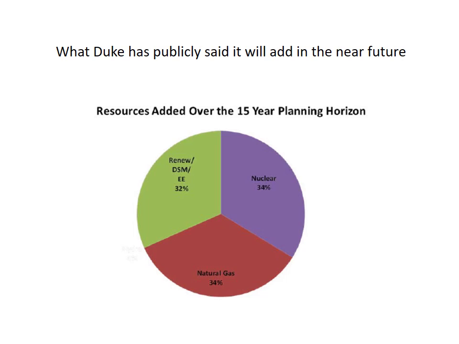And this is eerily similar to what Duke has actually publicly said it's going to do. If we look over the next 15 years, they're looking at adding energy efficiency, renewables, demand-side management, natural gas, and nuclear.